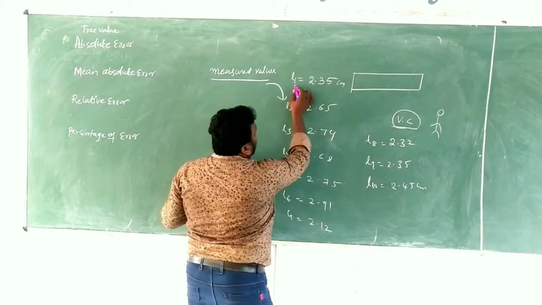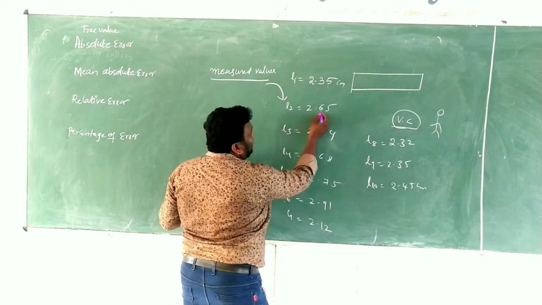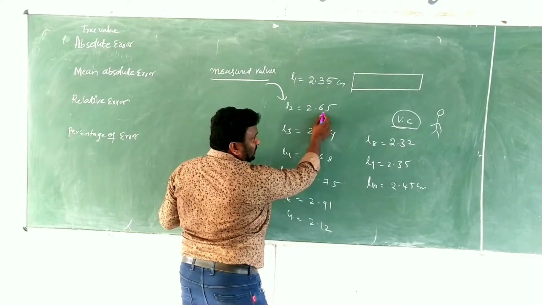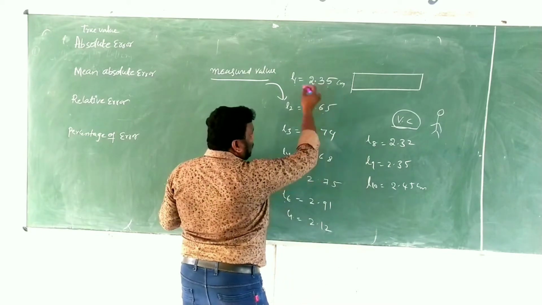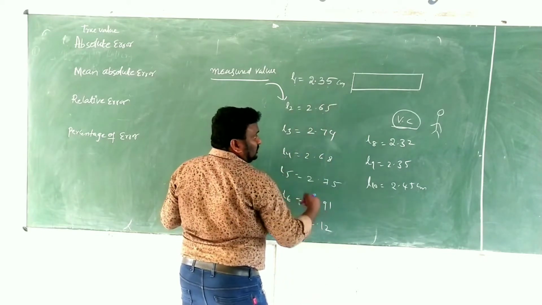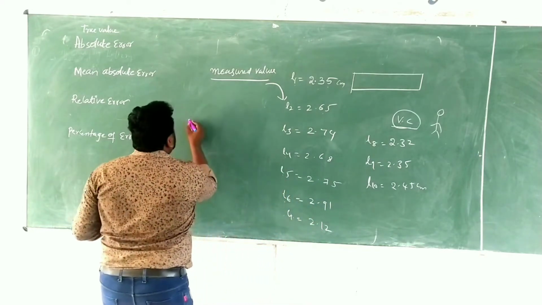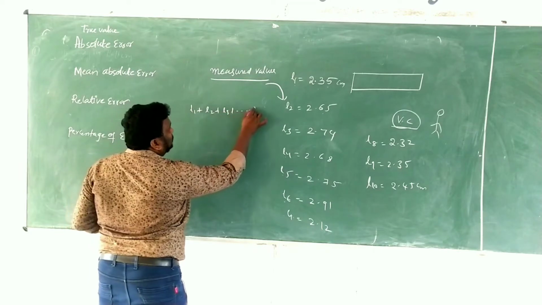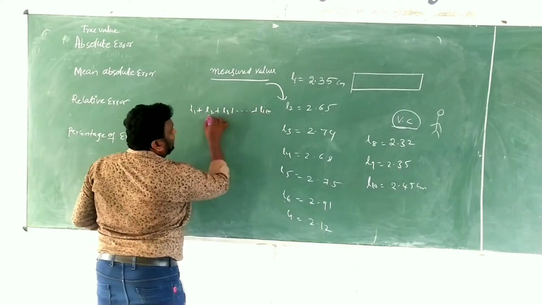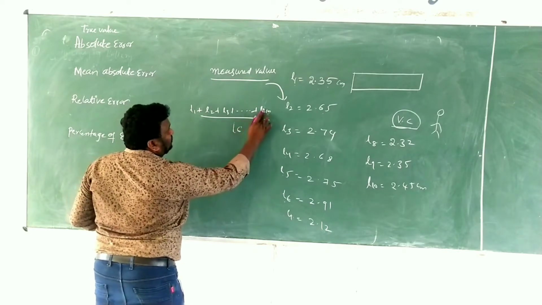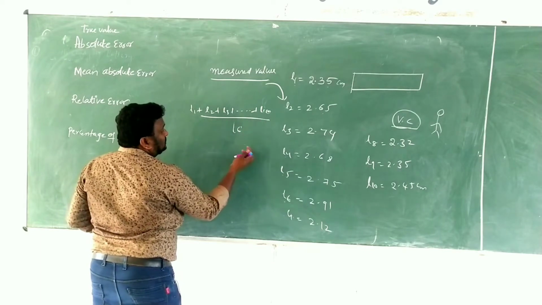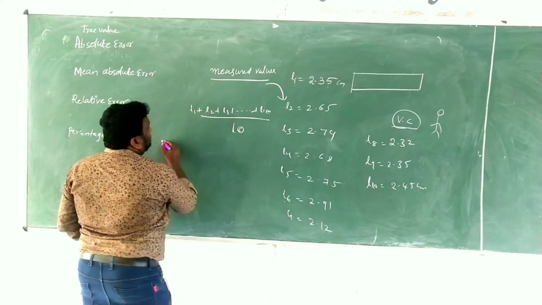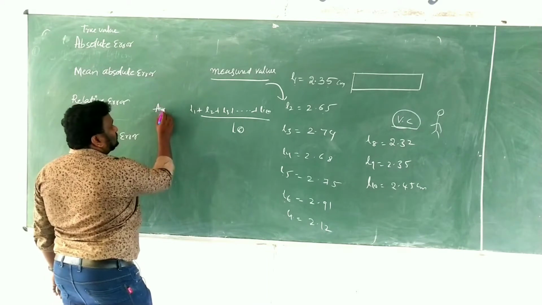Because you can make a mistake once. For example, L1 is 2.35, L2 is 2.65. Clear? From those values I take the average: L1 plus L2 plus L3 and so on up to L10, divided by 10. That is the average value.